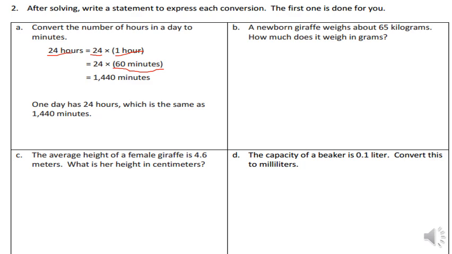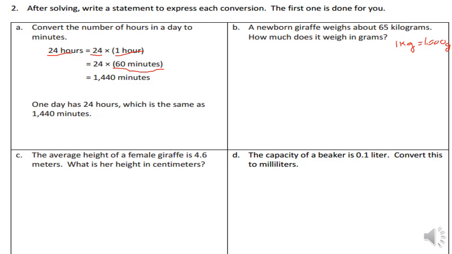Okay, so let's look at B. A newborn giraffe weighs 65 kilograms. How much does it weigh in grams? Well, the key here is I know 1 kilogram equals 1,000 grams.